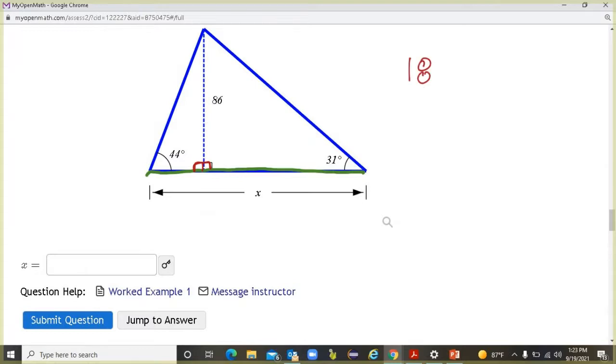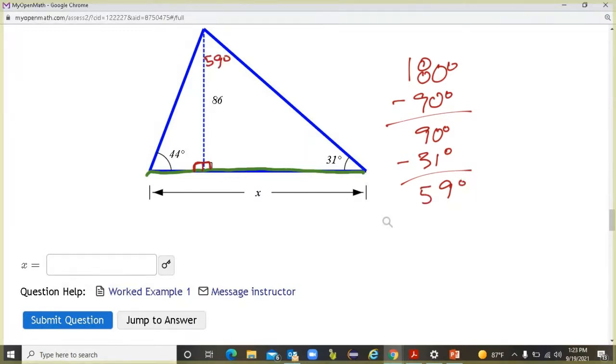So 180 minus 90 leaves me with 90, minus the 31. 8 minus 3 is 5. So that means this one is 59 degrees. So now I can use, oh, I guess I didn't need that, did I? Whatever. I can just use this to find this piece. Yeah, I didn't even need to figure that out. We're just looking for x.